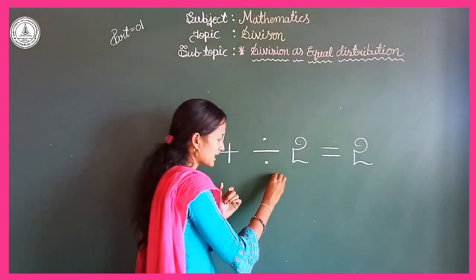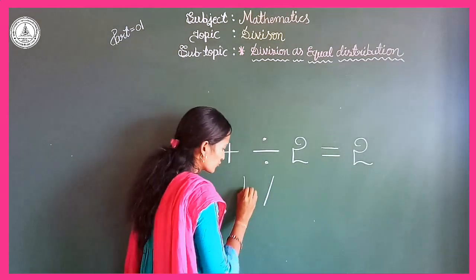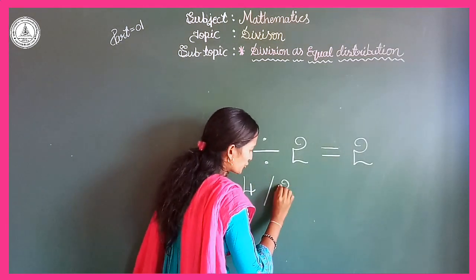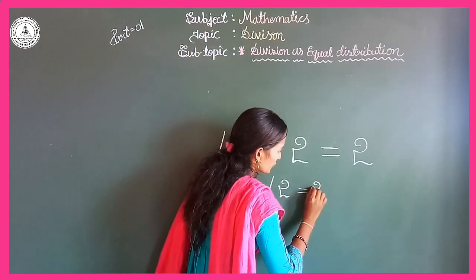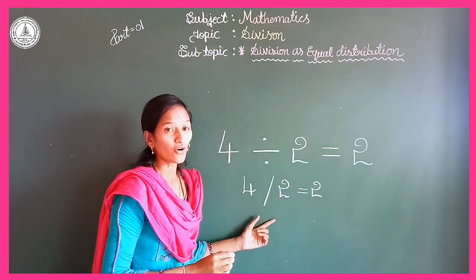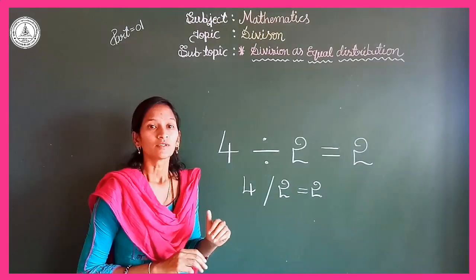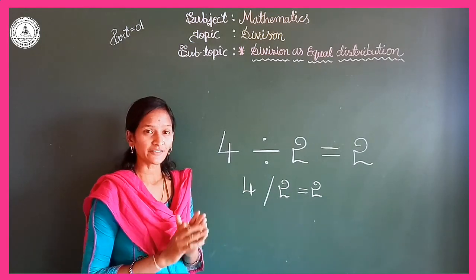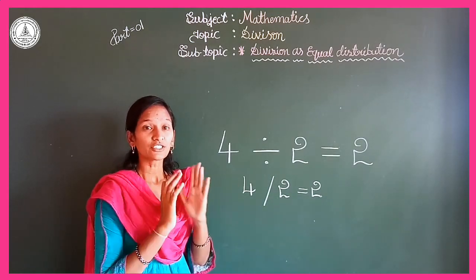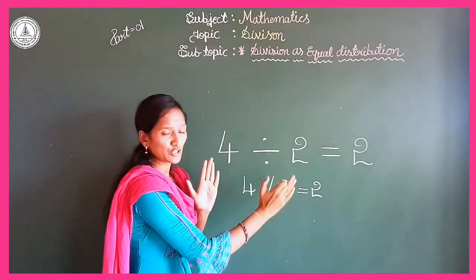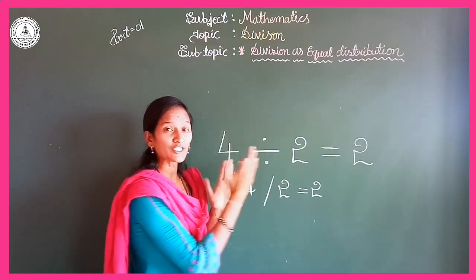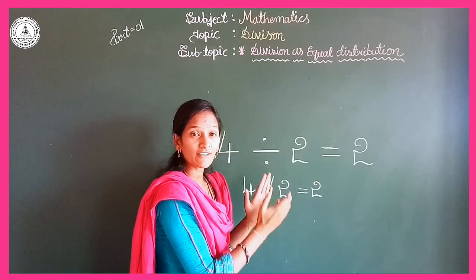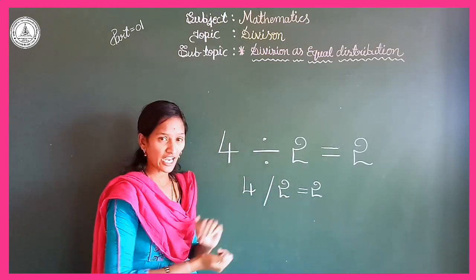You can use slash also. See here, 4 slash 2 is equal to 2. Both are right. Okay. So by this activity we learned that division is equal distribution. We equally distributed the total number of flowers among 2 children.